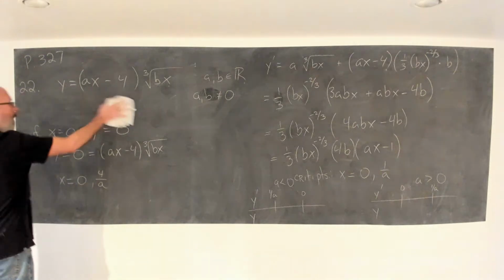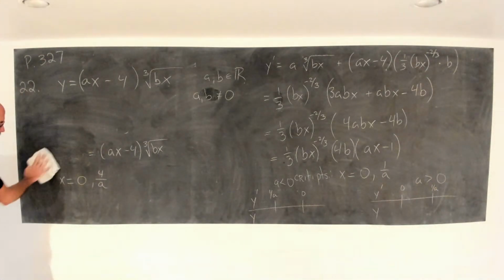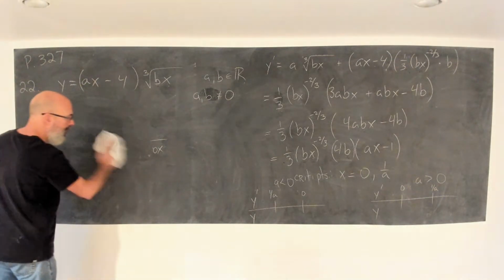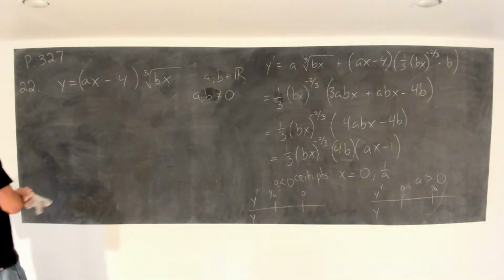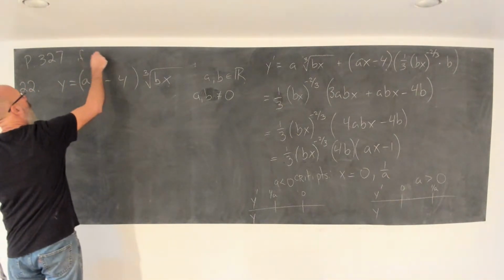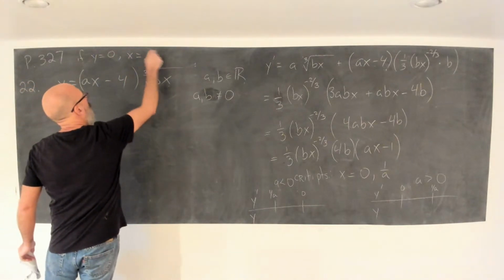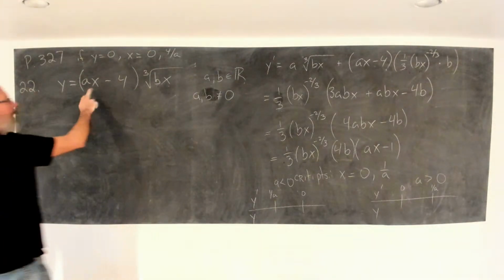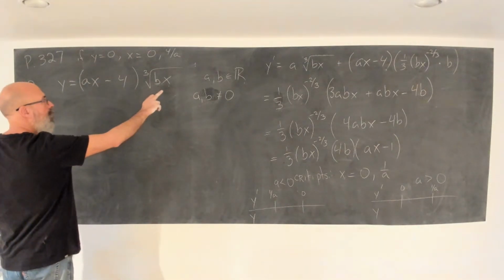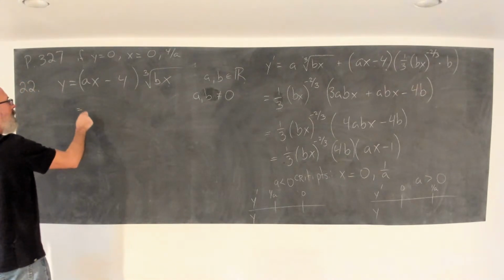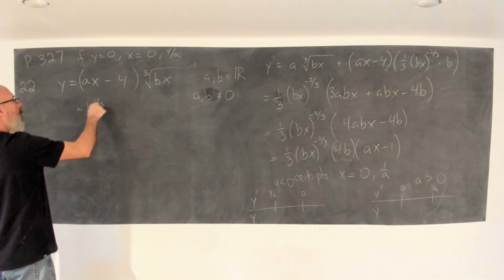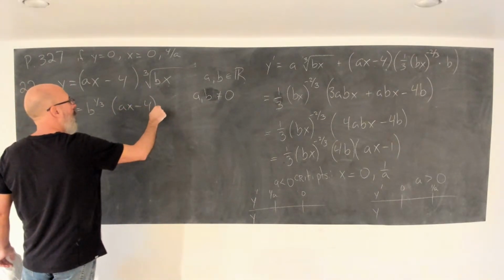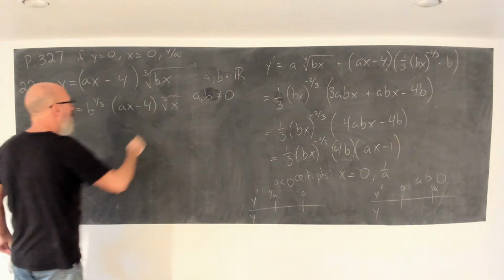But, I mean, we could have been smart. So first of all, let me point out 0 and 4 over a. If we come back to this, and we're being smart here, this is the same as cube root of b times ax minus 4 cube root of x.